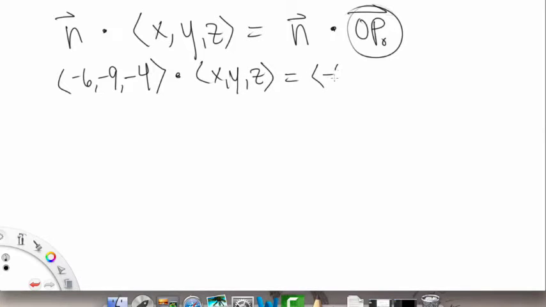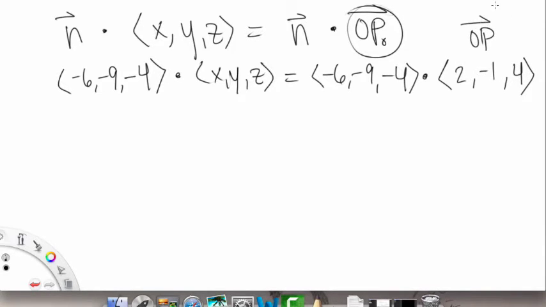And then we have the same thing, -6, -9, and a -4 dotted with, and I think I'll pick the 2, -1, 4. So I'll just pick point P, okay? So that's 2, -1, and 4. Okay, so again, this is point P, the vector representation of point P.